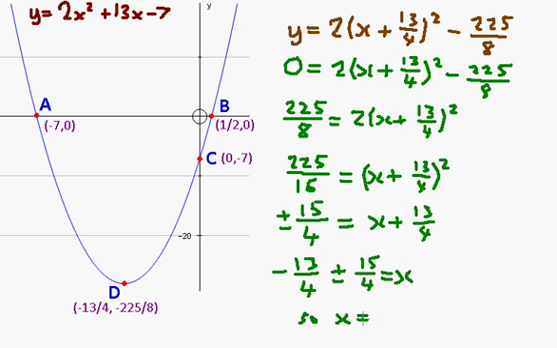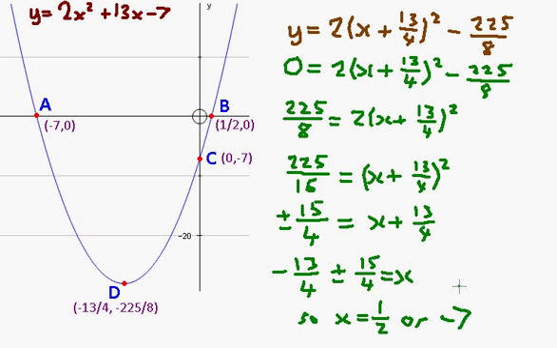So in other words, x is equal to either minus 13 over 4 plus 15 over 4 is 2 quarters, which is a half, or minus 13 quarters take away 15 quarters is minus 28 quarters, which is minus 7.